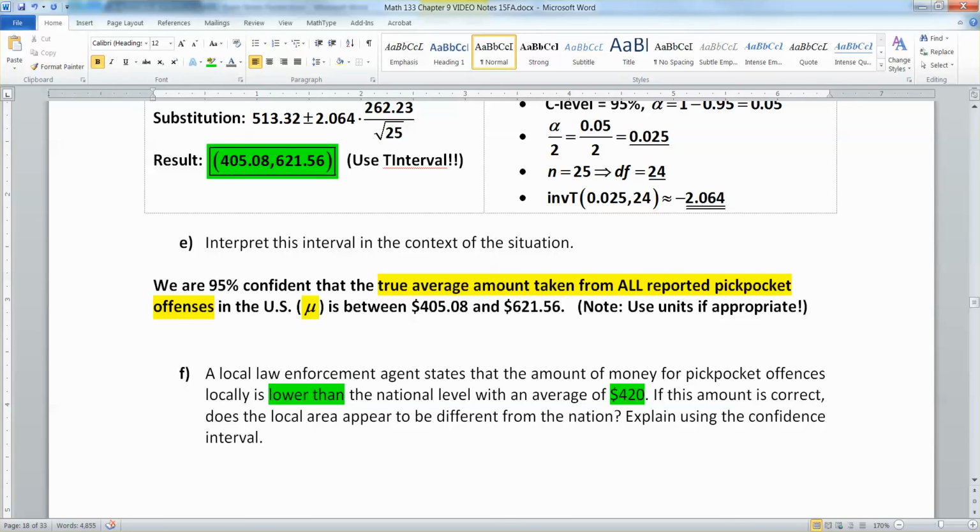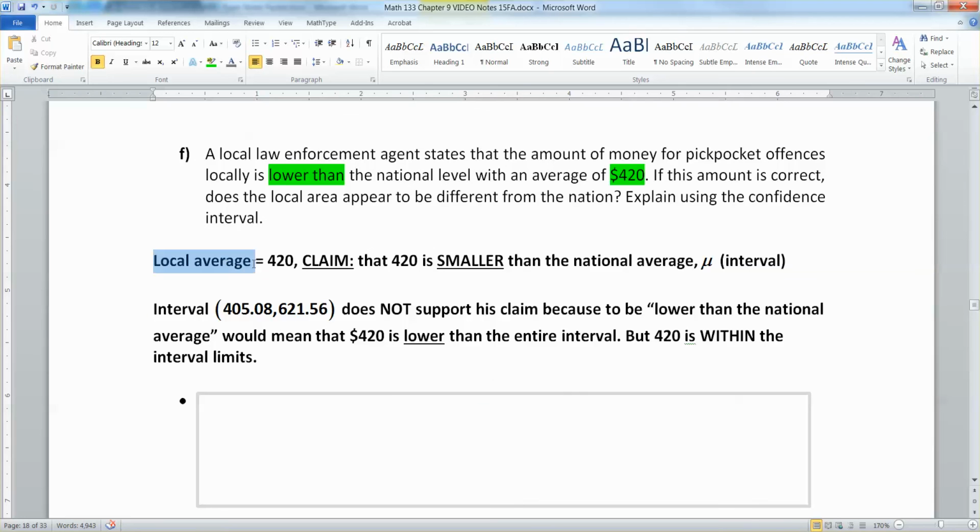And the answer is that the interval is between 405.08 and 621.56, but that does not support his claim of lower than. That's because 420 is not lower than this interval. It's in the middle of that interval. So no, our interval does not support him. All right, so I typed that up. His local area average was 420.